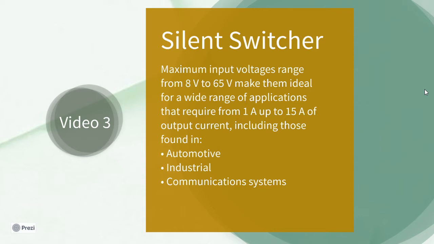A maximum input voltage range from 8 volts to 65 volts makes them ideal for a wide range of applications that require from 1A up to 15A of output current, including those found in automotive, industrial, and communication systems.